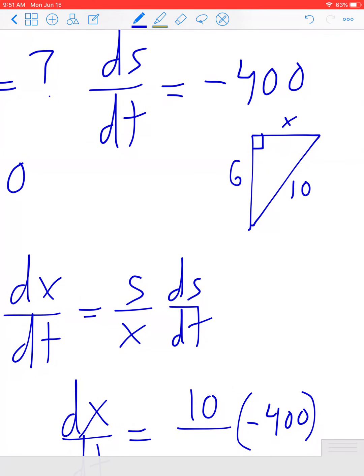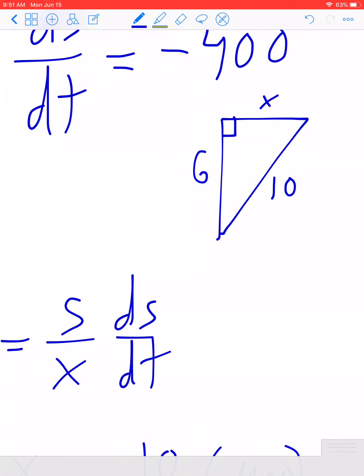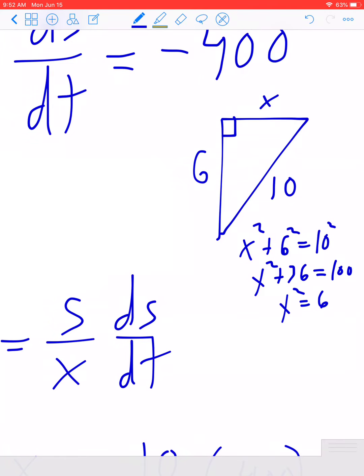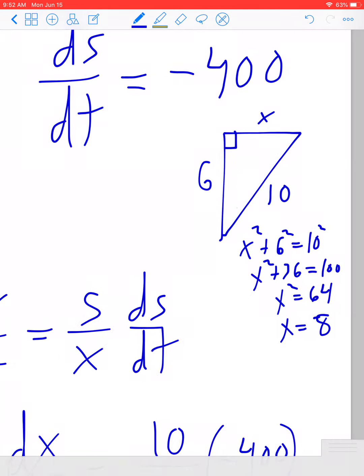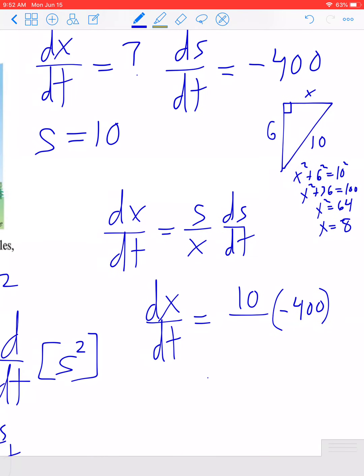So to solve for x, we can use the Pythagorean Theorem. Leg squared plus leg squared equals hypotenuse squared. x squared plus 36 equals 100. x squared equals 64. Take the square root, we get x equals 8.